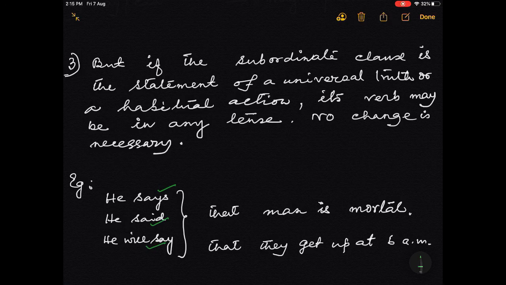But the verb in the subordinate clause is here "is". No change. Here it is "get up", not "got up". No change, because it is a universal truth, it is a habitual action.